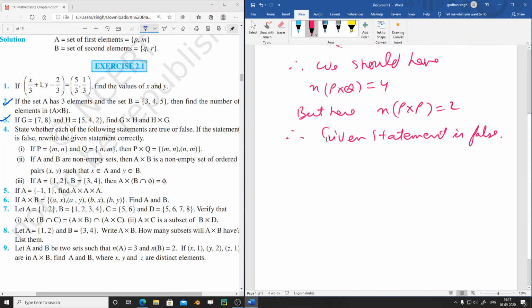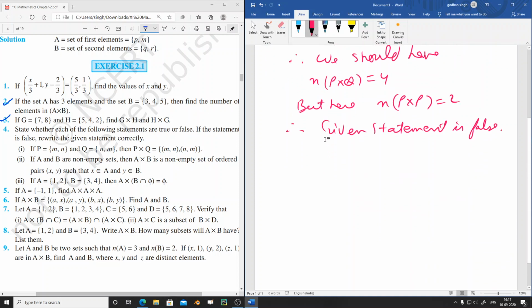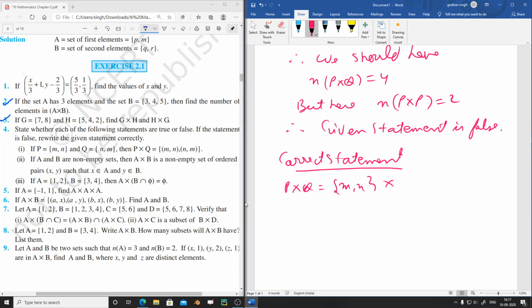So how can we rewrite? We know how to find the cross product, it is a very simple one. The correct statement will be: we just find P cross Q. So P cross Q equals the set {m, n} cross the set {n, m}. Now we'll find the Cartesian product.